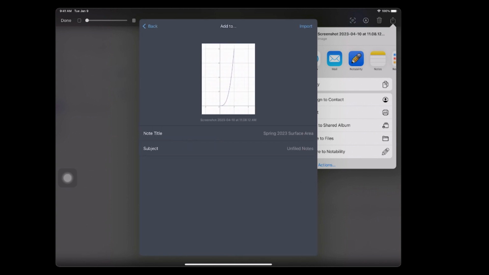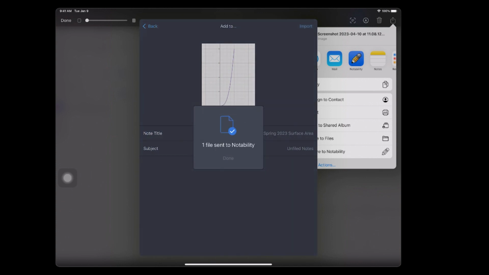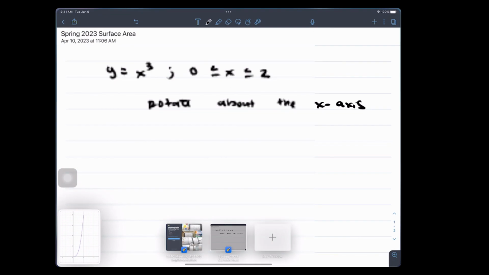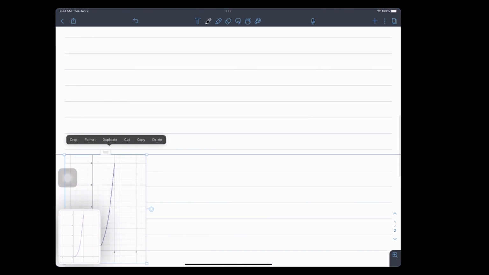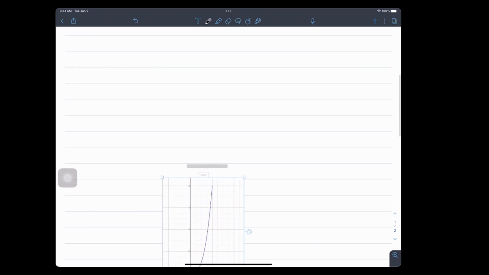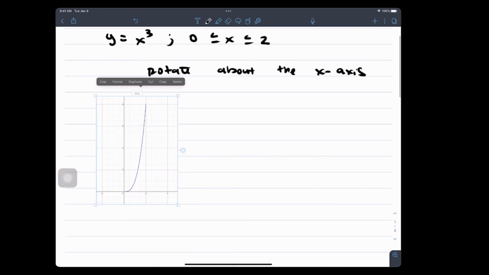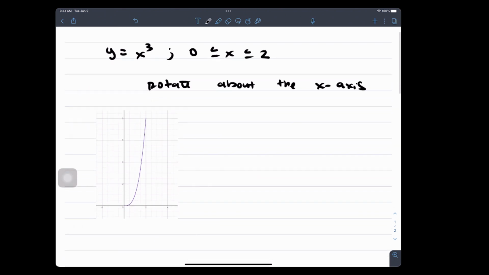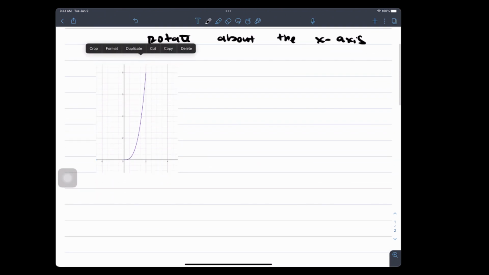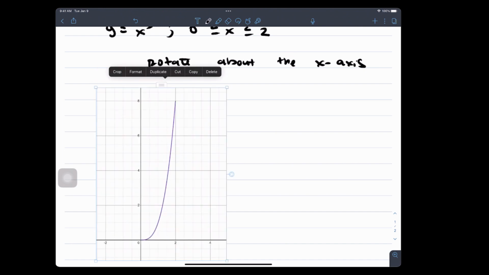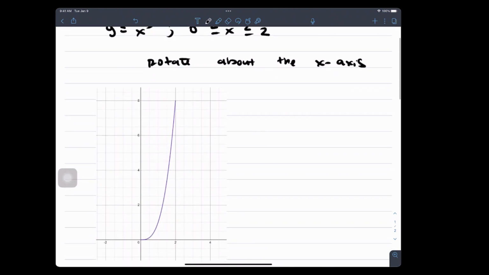Okay, let's bring that in so we can see how this works together. Okay, so here we go.